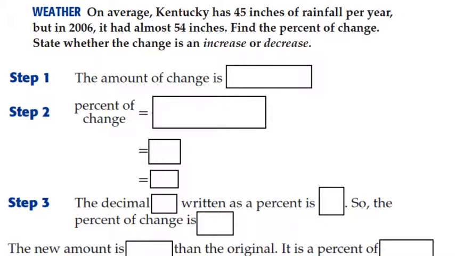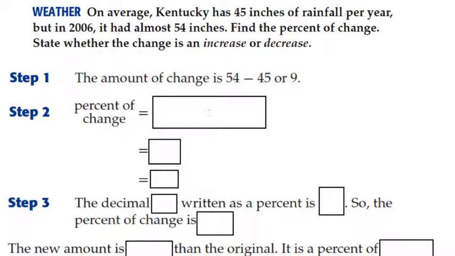Here's another example. On average, Kentucky has 45 inches of rainfall every year, but in 2006 it had 54 inches of rainfall. Find the percent of change, and tell whether it's an increase or decrease. Already you can tell it's an increase because there's more rain. The amount of change, we take the two numbers 54 and 45 and subtract them. So we had an increase of 9 inches.